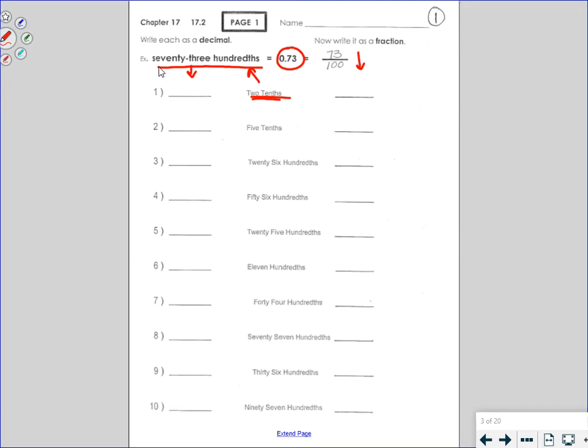If it were a whole number, it would say 2 and 2/10. If it does not say and, there are no whole numbers.